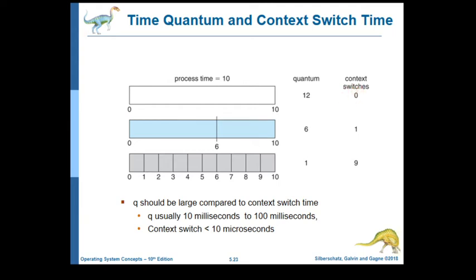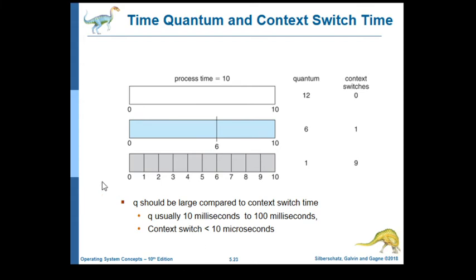For the second example, if the time quantum is 6 time units, the process requires two quanta, resulting in a context switch. If the time quantum is one time unit, then 9 context switches will occur, slowing the execution of the process accordingly.